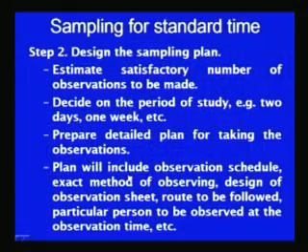So, the detailed plan and the randomized time plan is obtained to have the observations of the shop floor, and then the plan will include the observation schedule, the exact method of observing, the design of the observation sheet, the route which is to be followed during the observation, and the particular person to be observed at the observation time.